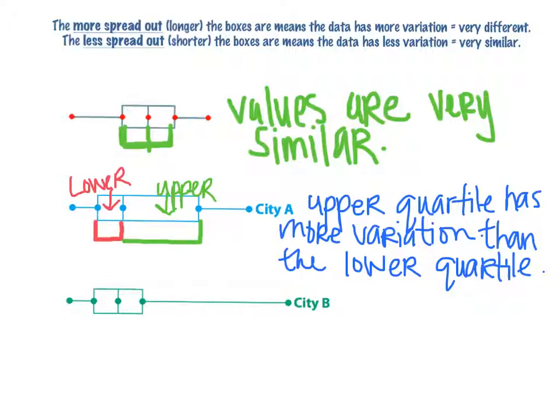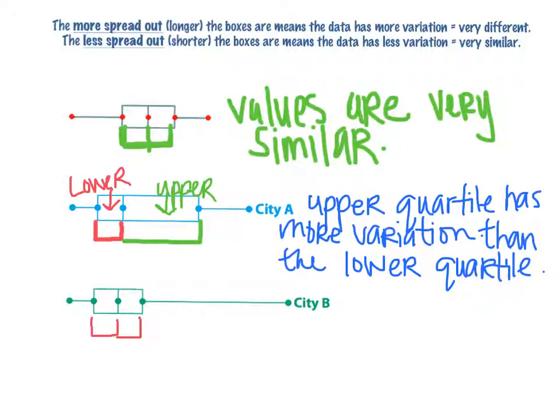There's one more to look at, the very bottom one in green that says City B. One thing we want to look at is the boxes, the lower quartile and the upper quartile. These are pretty much the same size. So we could definitely say that the boxes are very similar, so the upper and lower quartile have similar values.